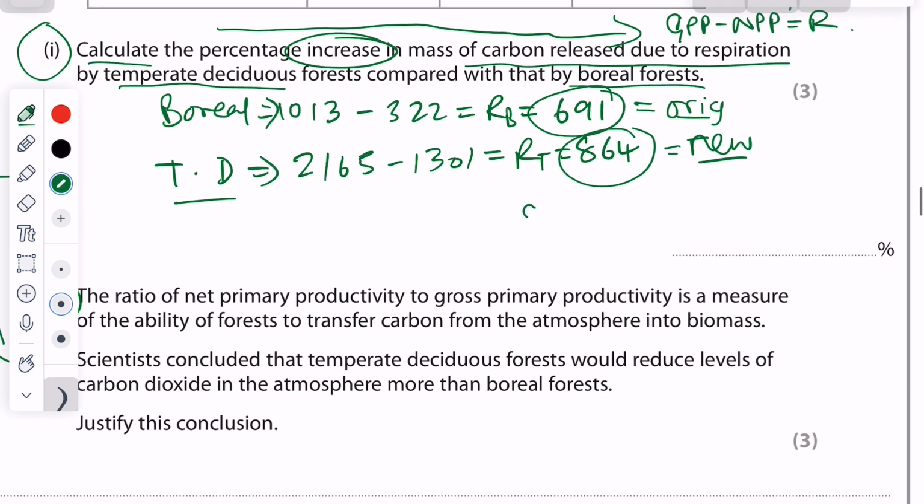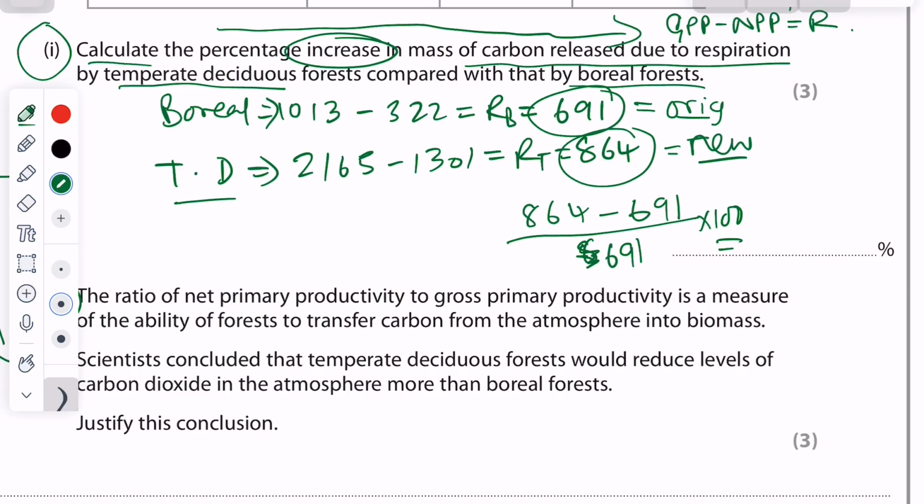So we're going with 864 new minus original divided by original. So 864 minus 691 divided by 691 multiplied by 100 should give us the percentage, and I will chuck that into my calculator.